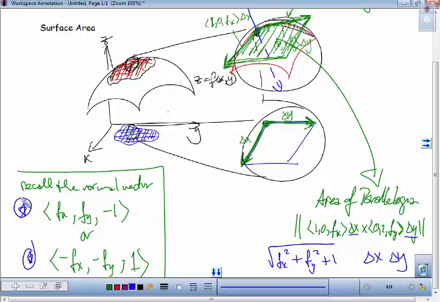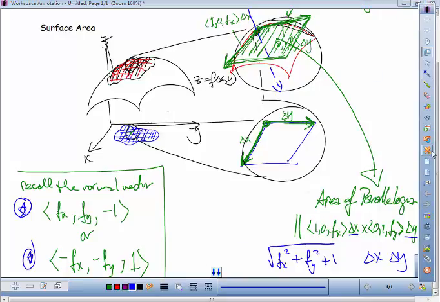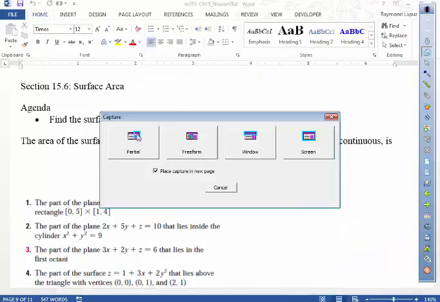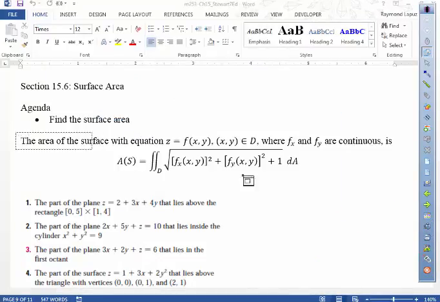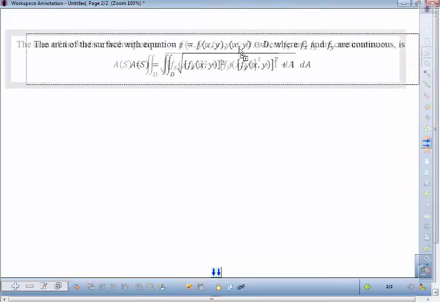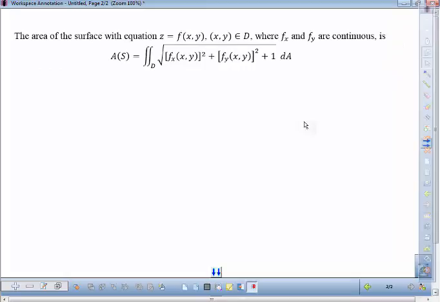All right, so the formula. That Riemann sum essentially becomes this.